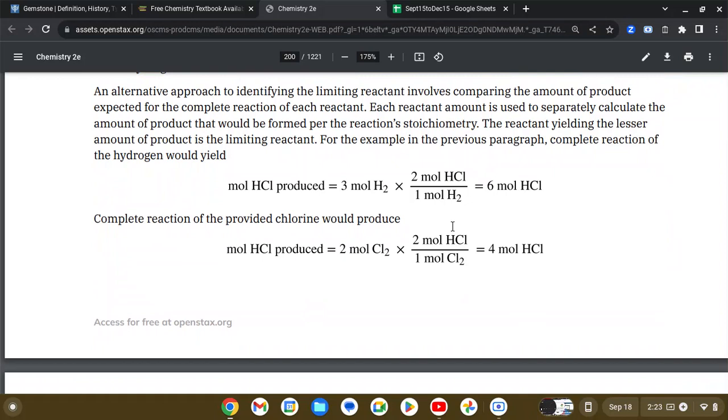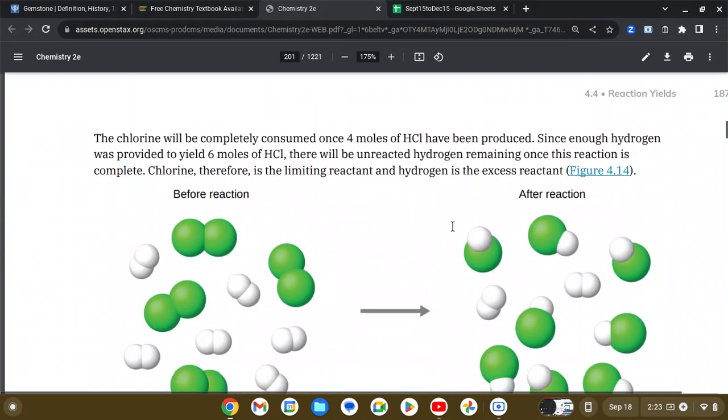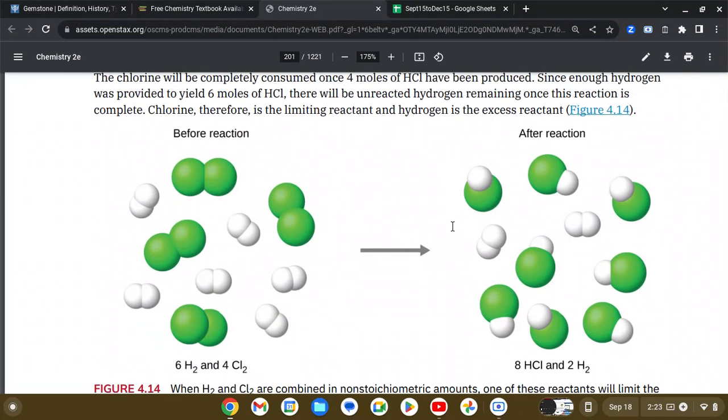For the example in the previous paragraph, complete reaction of the hydrogen would yield 6 moles of HCl. The chlorine will be completely consumed once 4 moles of HCl have been produced. Since enough hydrogen was provided to yield 6 moles of HCl, there will be unreacted hydrogen remaining once this reaction is complete. Chlorine, therefore, is the limiting reactant, and hydrogen is the excess reactant.